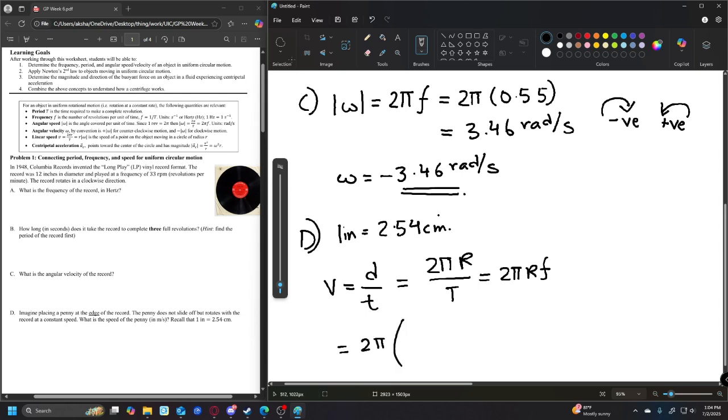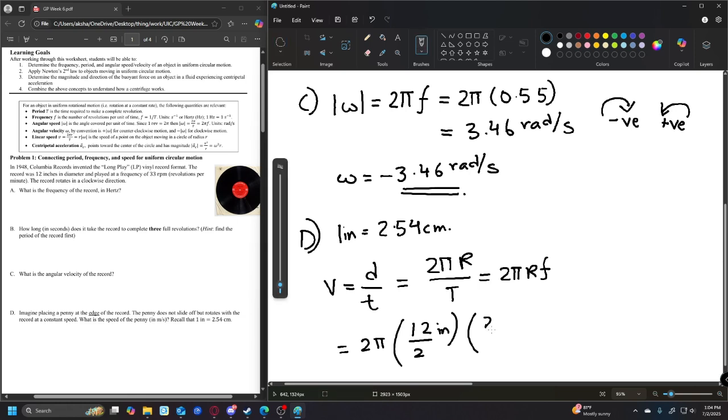Now we have been given the diameter as 12 inches, so the radius becomes 12 divided by 2, which is 6 inches. We know that 1 inch has 2.54 centimeters in it.